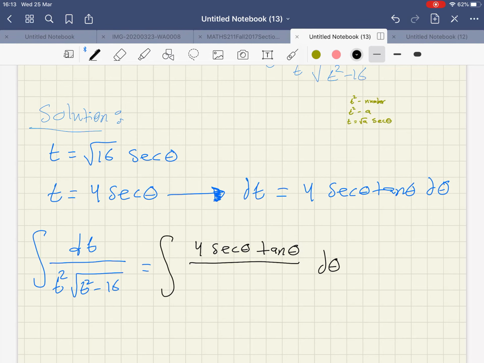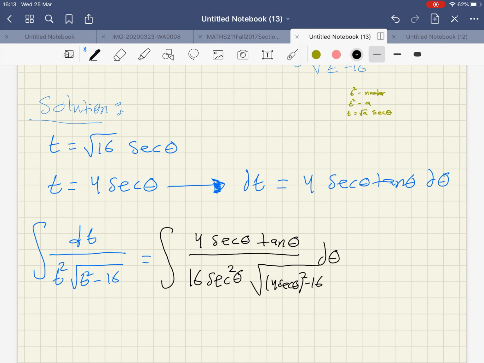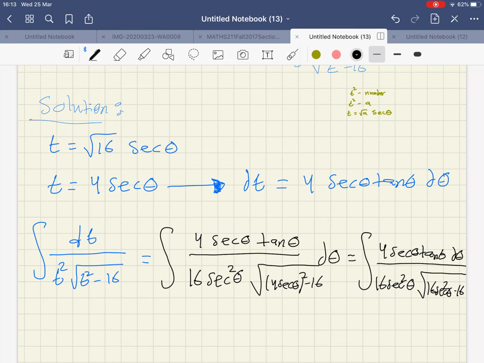Down here I should get t squared, which is 16 secant squared theta, and then I have a square root of 4 secant theta squared minus 16. If we simplify this a little bit, this should be the following: 4 secant theta tan theta d theta, and here we get 16 secant squared theta square root of 16 secant squared theta minus 16.